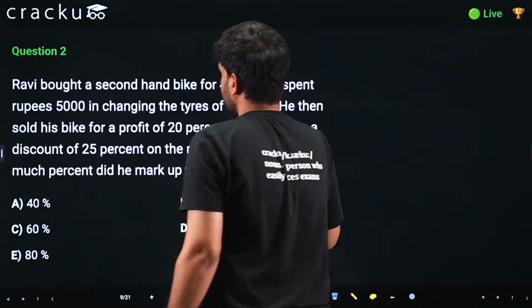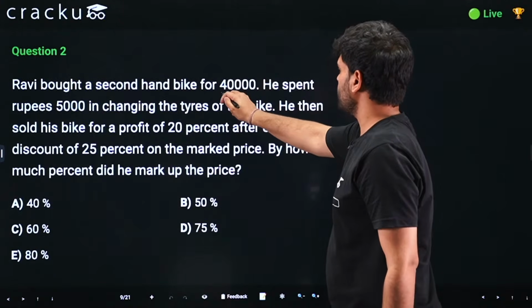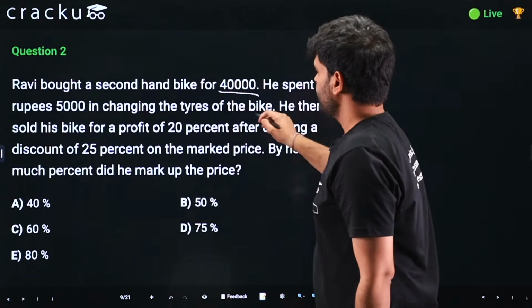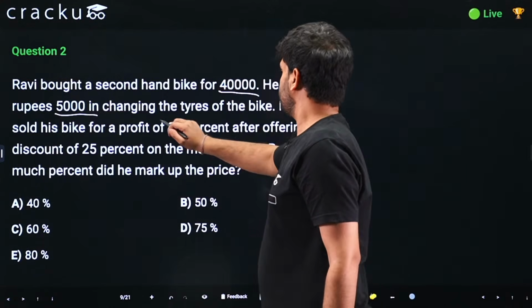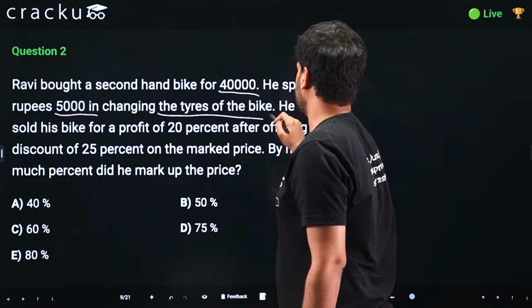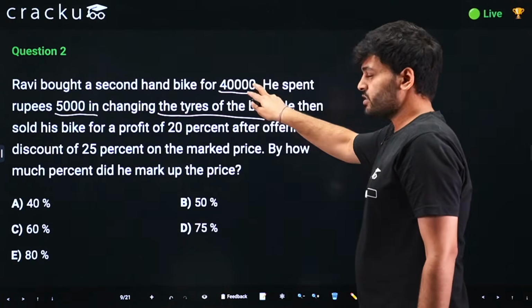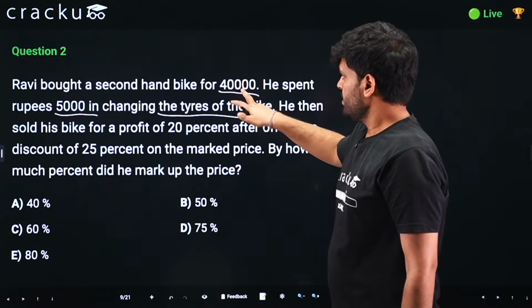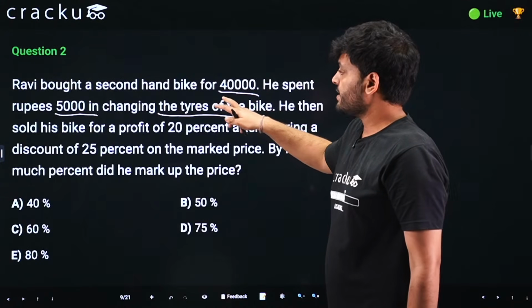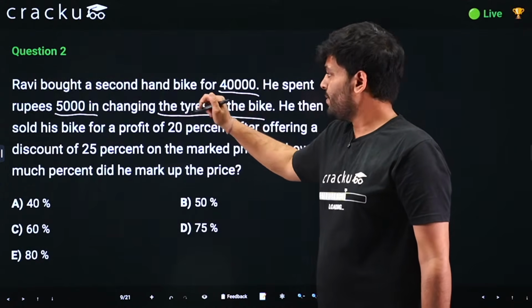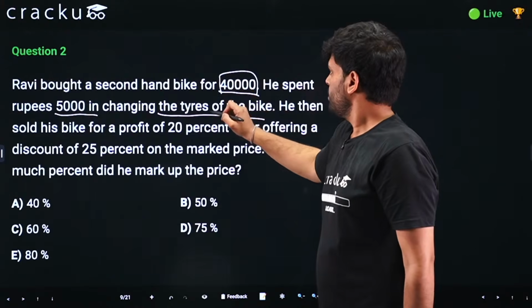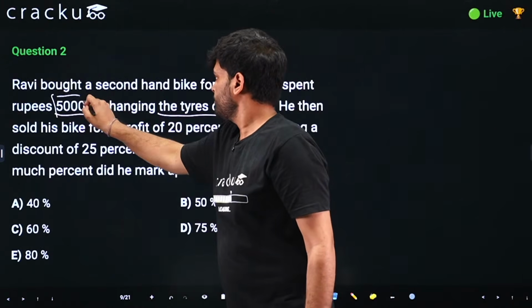Here it is given that Ravi bought a second-hand bike for 40,000. He spent 5,000 in changing the tires of the bike. Now, using these two pieces of information, can we say that Ravi's cost price would be 40,000 plus 5,000?